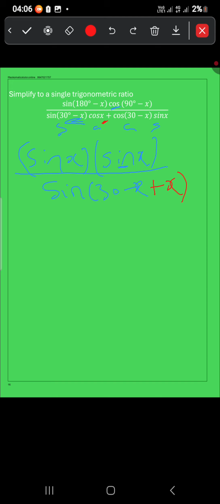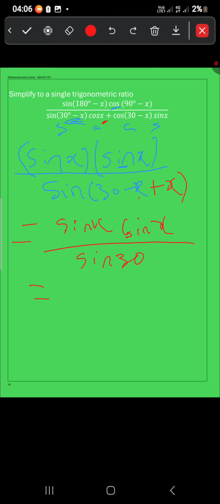Okay. So this is equal to sine x over sine x, then x minus x plus x cancel, you get sine 30.